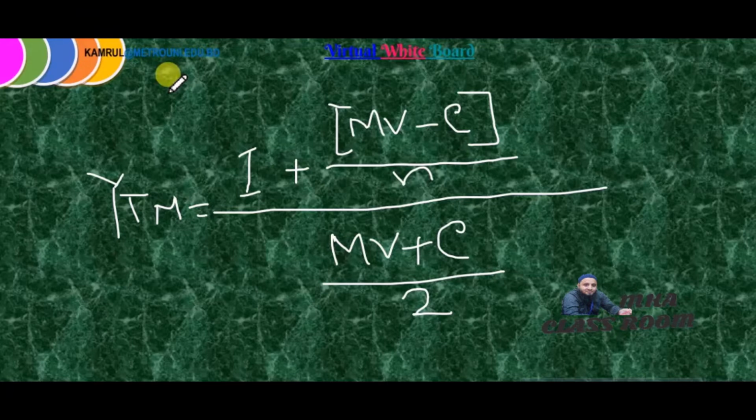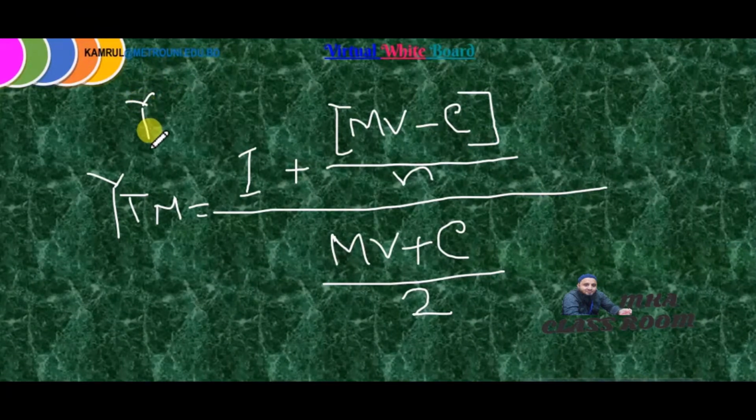This is actually the interpolation formula to find the value of YTM. That means if you purchase this bond and hold it till maturity, then the interest you have actually earned can be found by this formula. Actually, this is a yearly formula.